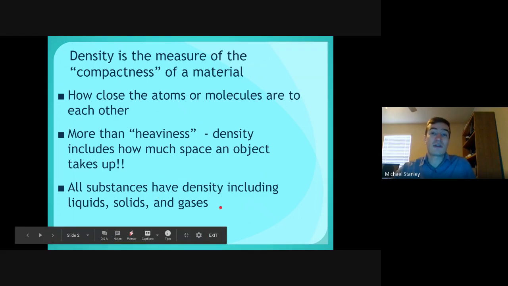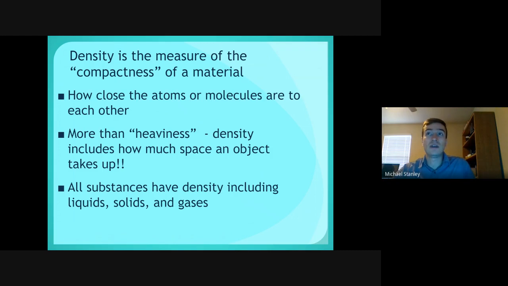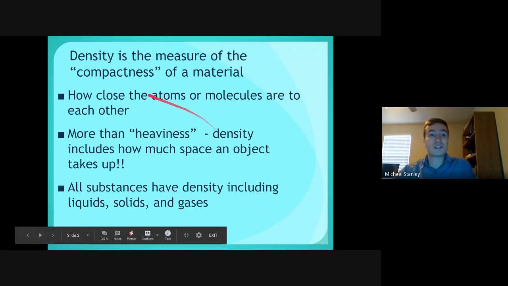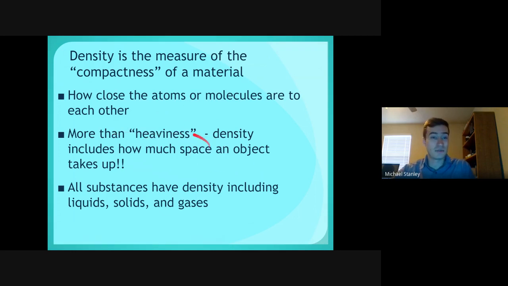Normally we think of gases as being extremely light and floating around in the air, but they still have a density. Gas is still a type of matter, and all matter has density. It's this relationship between weight and heaviness versus how much space it takes up, its volume. That's what density is all about.